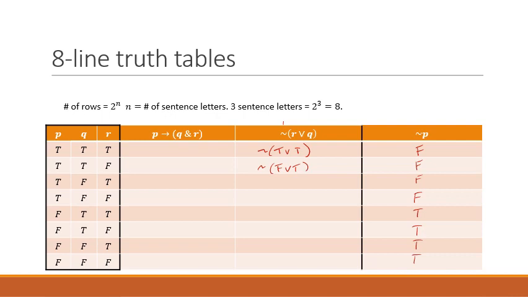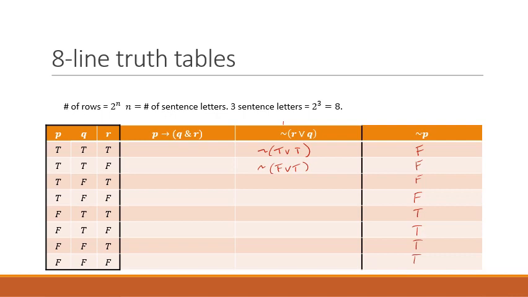Inside the parentheses, we have this or, and the only time that it's going to end up being false is when both of those things are false. So when the R is false and the Q is false, then inside the parentheses, it'll be false. Every other time inside the parentheses is going to be true. So what we'll get here is true, true, true in lines 1 through 3, false in line 4, and then again true, true, true, false.